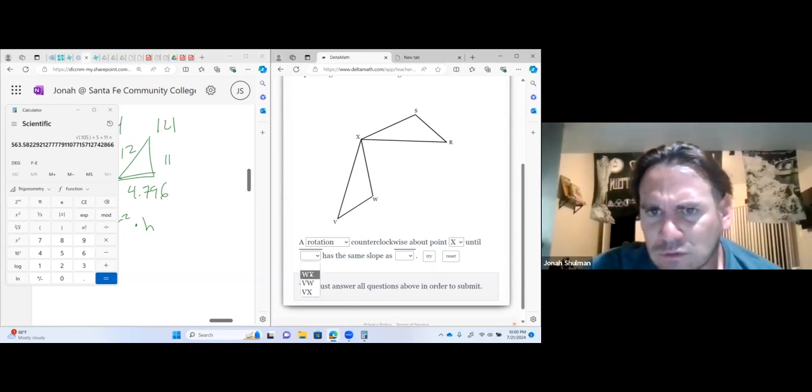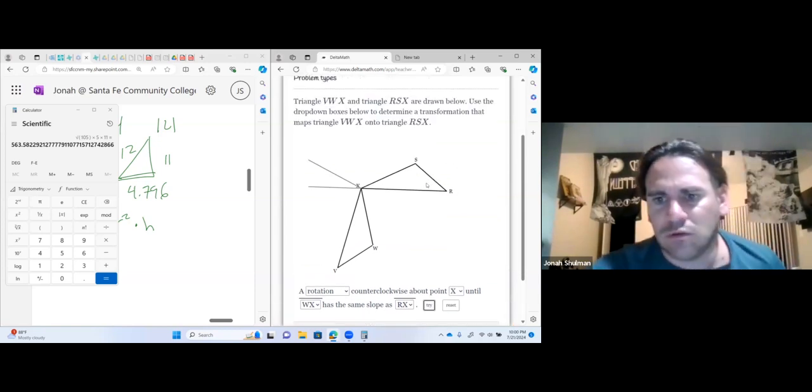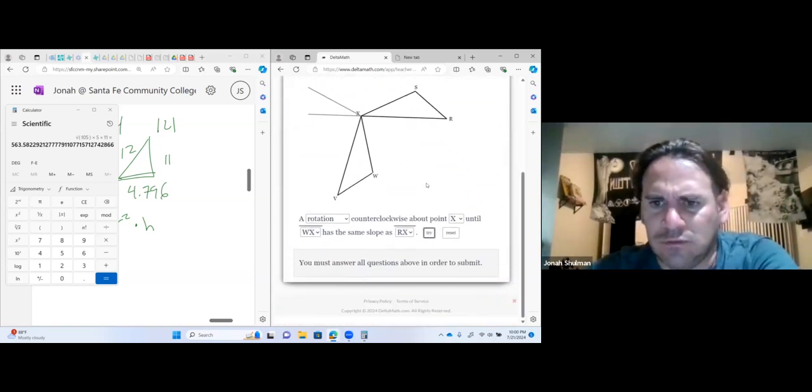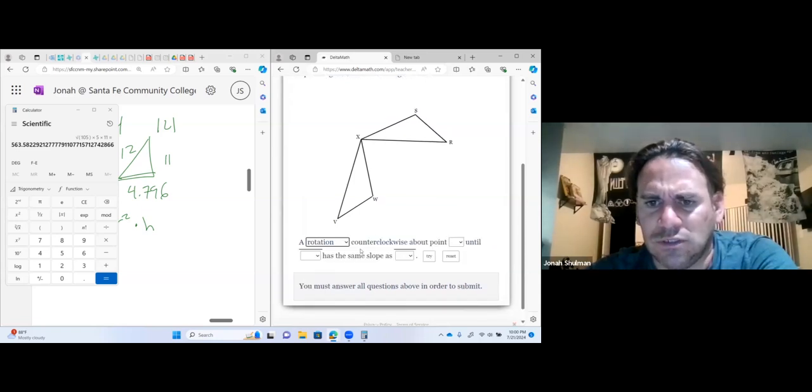Okay, or we can do WX as the same slope as XR. Well, that's spun around. It's definitely a rotation.